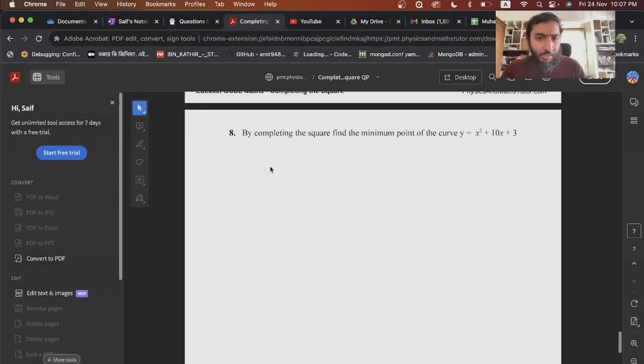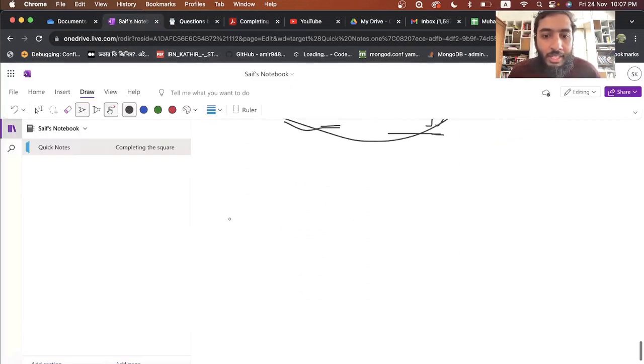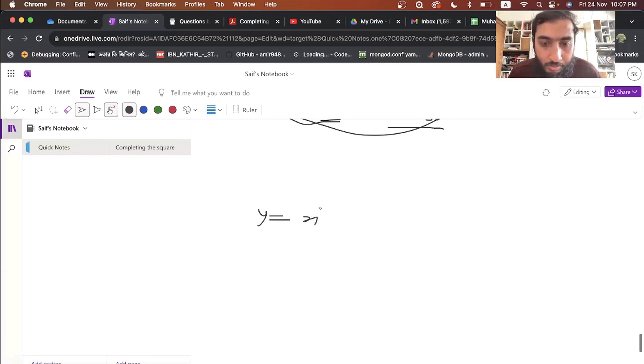So if I look at number 8: by completing the square, find the minimum point of the curve y equals x square plus 10x plus 3. So if I write this equation here, y equals x square plus 10x plus 3.